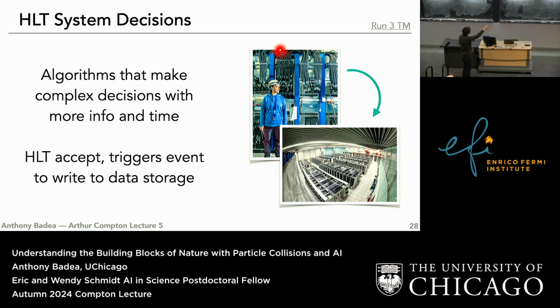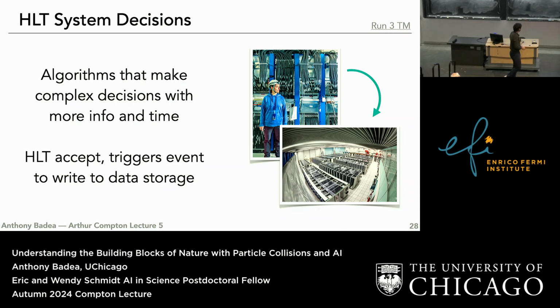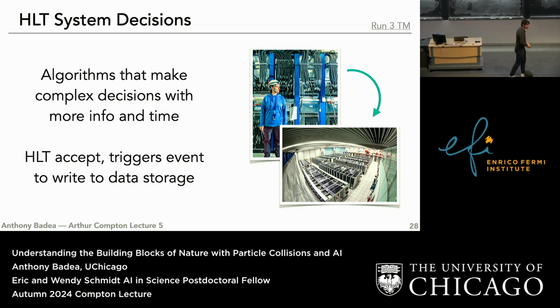So you have cables coming into them again. This is off of the detector. You make decisions inside of here. The decisions that you're able to make are more complex than you were able to do before. And then as soon as this level of trigger, the second stage, sends an accept, the data gets written almost instantaneously to hard drives that are much further away from the experiment.